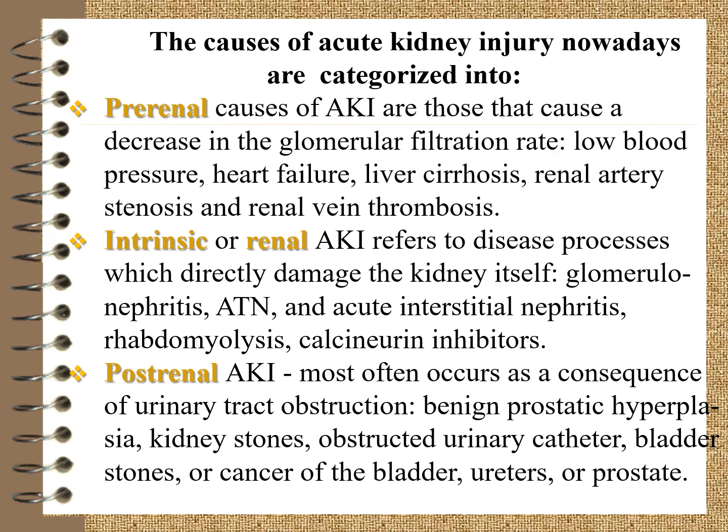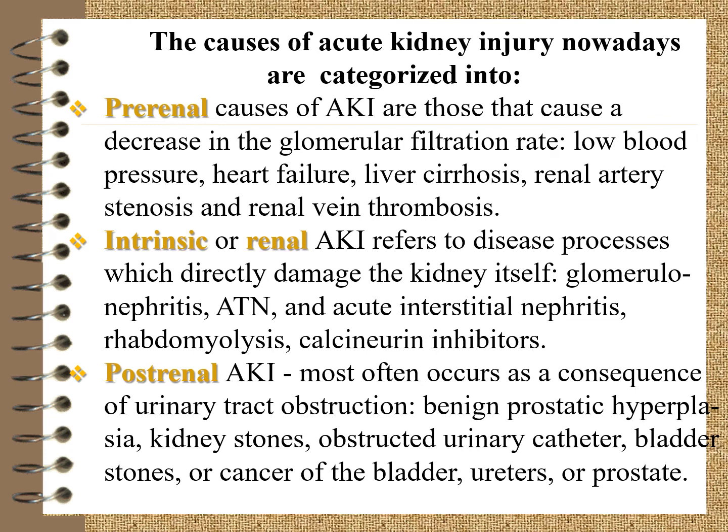The causes of acute kidney injury nowadays are categorized into prerenal, intrinsic, and postrenal. Prerenal causes of acute kidney injury, prerenal azotemia, are those that decrease effective blood flow to the kidney and cause a decrease in the glomerular filtration rate.